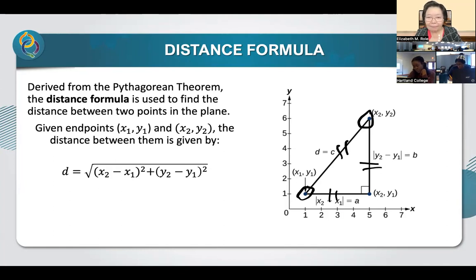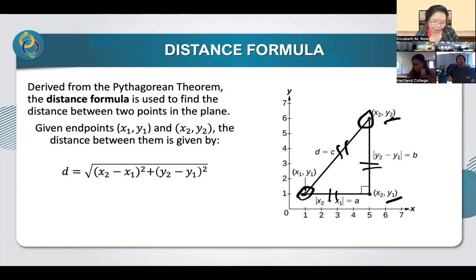So the distance from x sub 1 to x sub 2 will be the absolute value of x sub 2 minus x sub 1. But then we'll have to square that. And then the distance between y sub 2 and y sub 1 will be the absolute value of y sub 2 minus y sub 1.